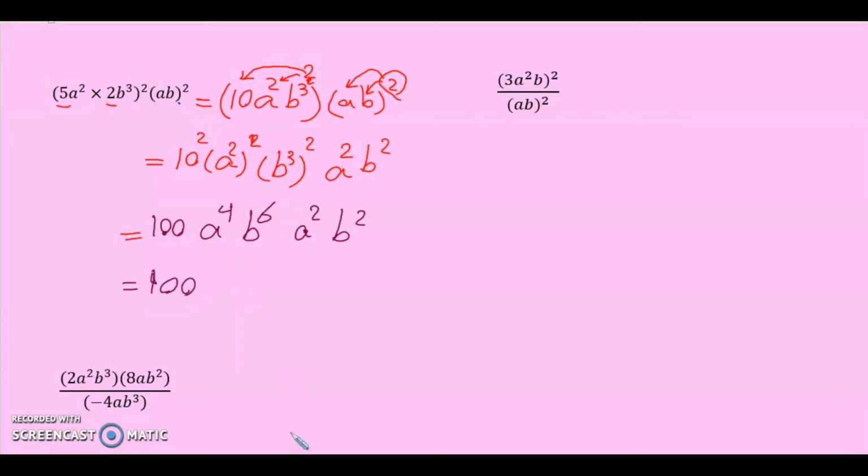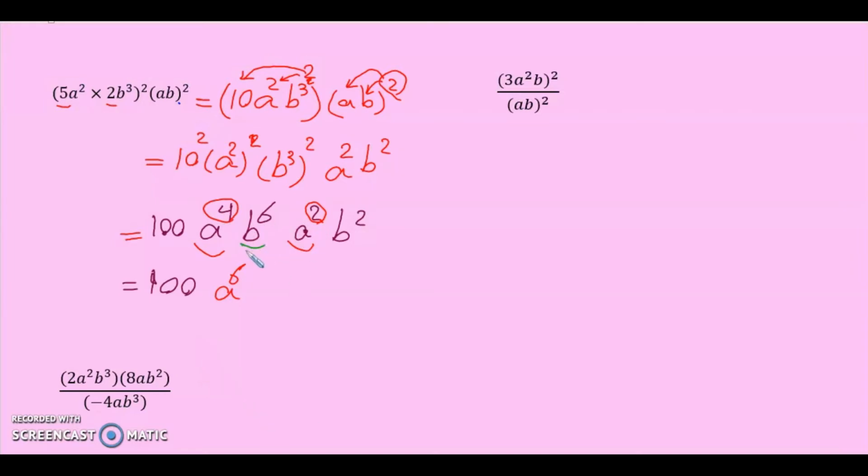But in terms of a, I have one base a here and another base a here. Because this is multiplication, the rule is adding these two exponents. 4 and 2 should be added up. So therefore, the answer is a to the 4 plus 2, which would be 6. How about b's?